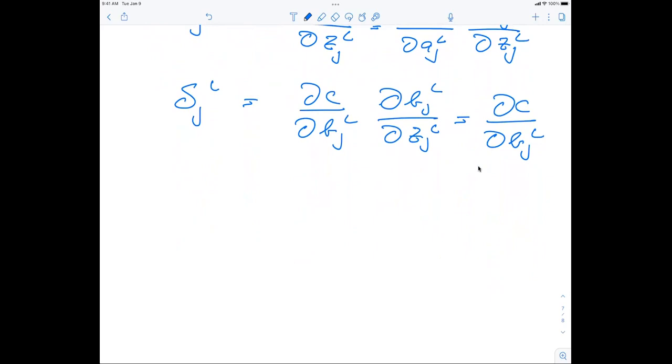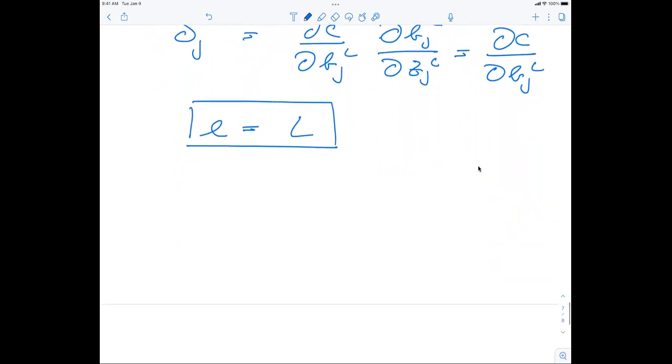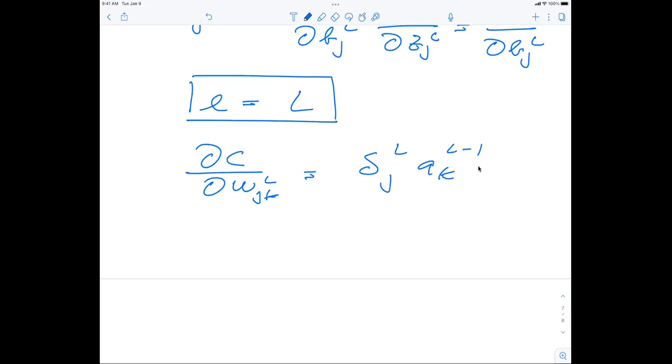So if we collect all results for l equal to uppercase L, what we have then are three equations. So we have the derivative with respect to the weights w_jk^L, and this is given by this parameter delta_j^L times the output from layer L-1 of node k.